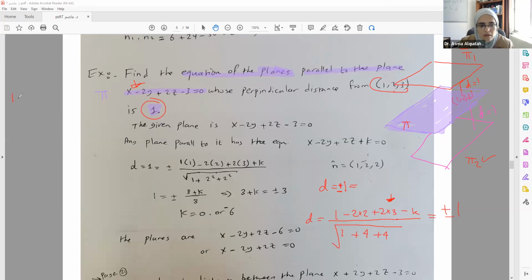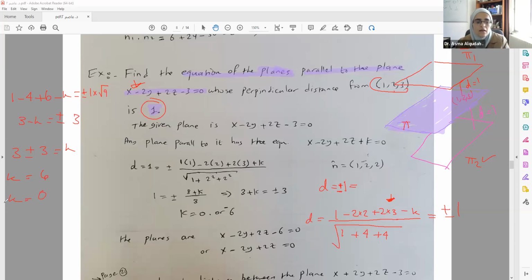So we have 1 minus 4 plus 6 minus k is equal to plus or minus 1 times the square root of 9. So 1 minus 4 is minus 3, plus 6 is 3. 3 minus k is equal to plus or minus 3, so k equals 3 plus or minus 3. So k is equal one time to 6, and the other time to 0.